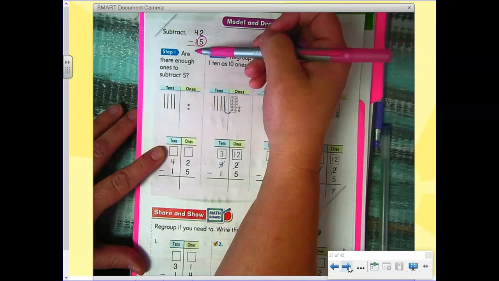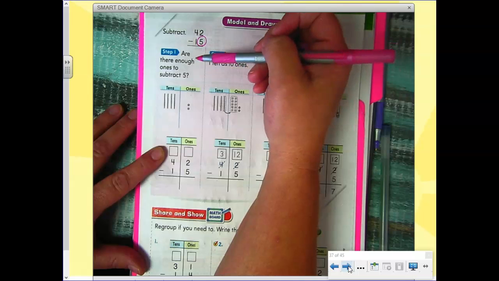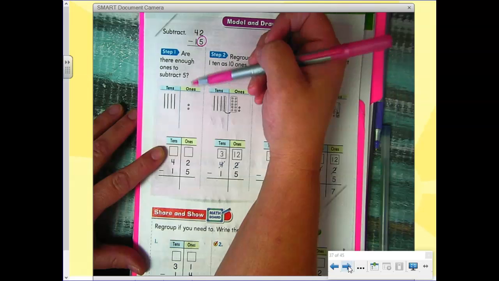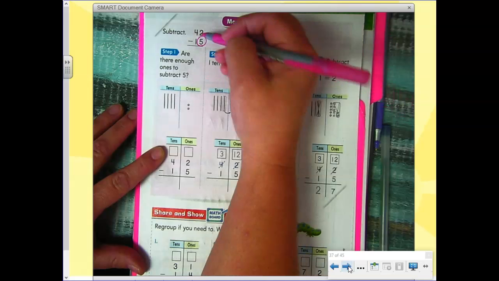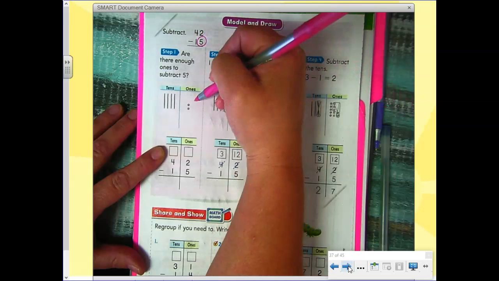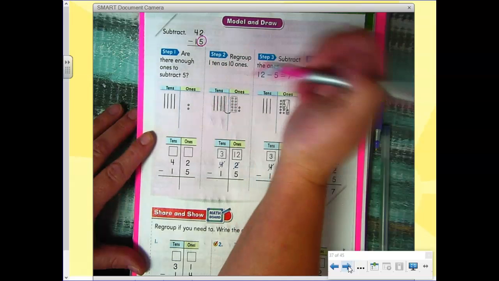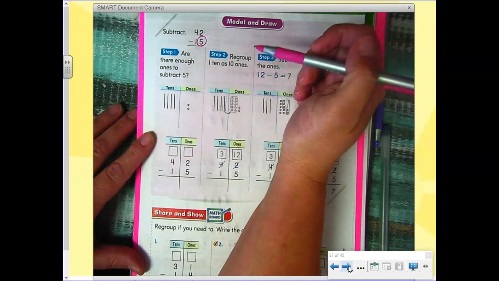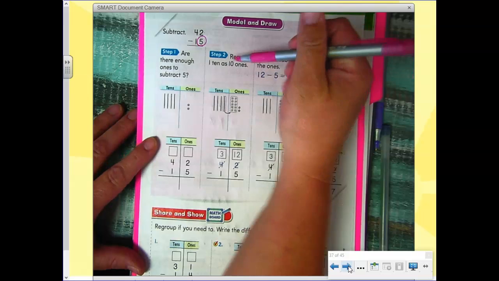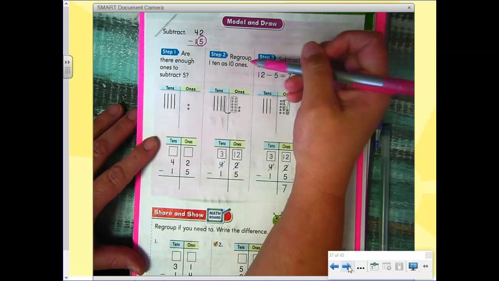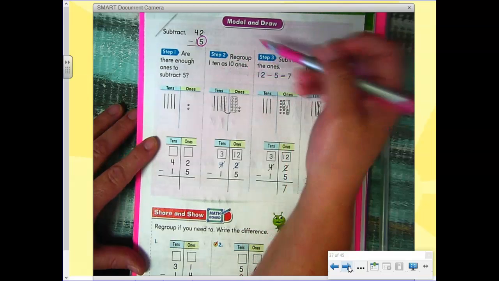So look at your numbers. Are there enough ones to subtract? So there's 2 ones. Are there enough to subtract 5? No.